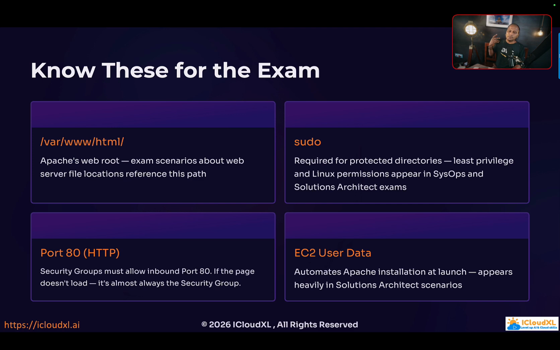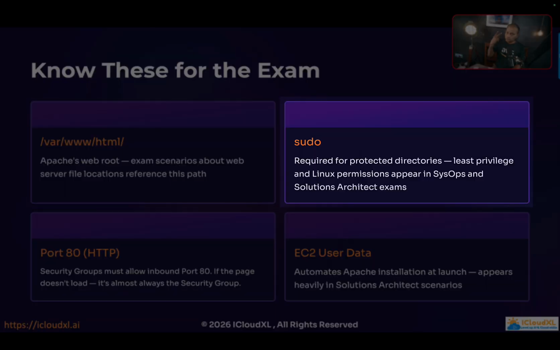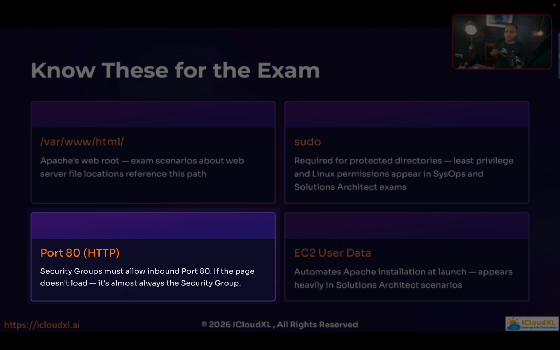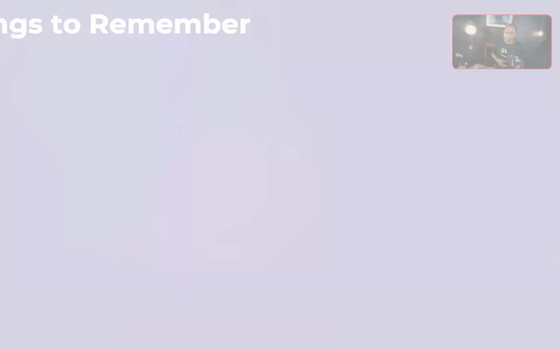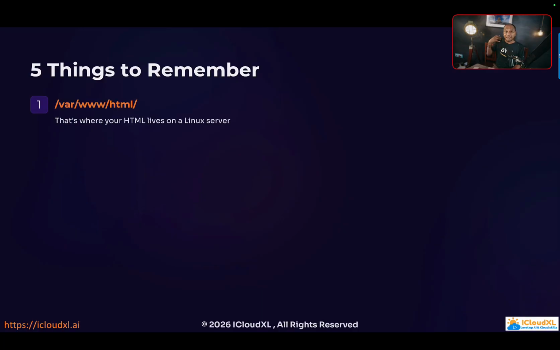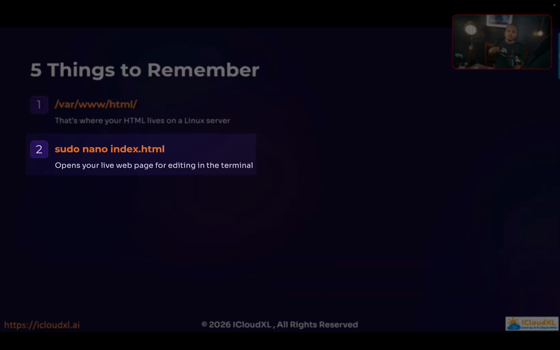So 4 things to remember. One is the root folder /var/www/html. Then you have to use sudo. Then third point is you allow port 80 in the security group, and you use EC2 user data to build that web server. Before you end this video, 5 things I need you to remember. Number 1, the root folder /var/www/html, sudo. Nano you can use as well.